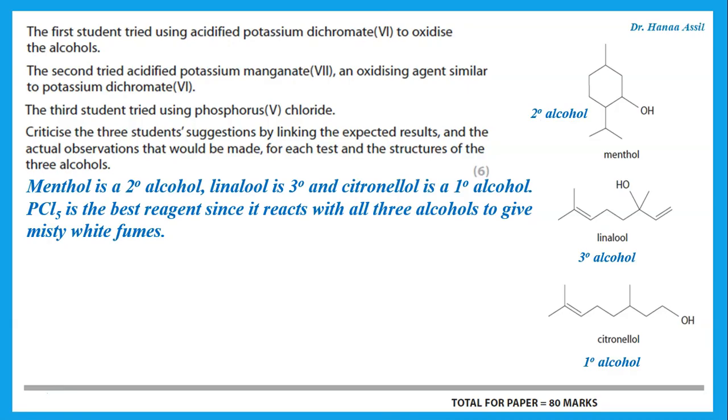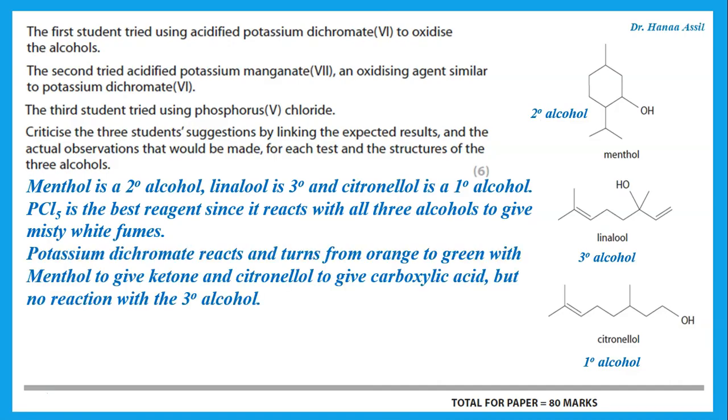What about the others? Potassium dichromate. Would potassium dichromate react with all of them? Well, remember that potassium dichromate, which is originally orange and turns to green because we are required to give the observations, it will do that only with a primary or a secondary. It will not react with the tertiary alcohol, so linalol will give no change.